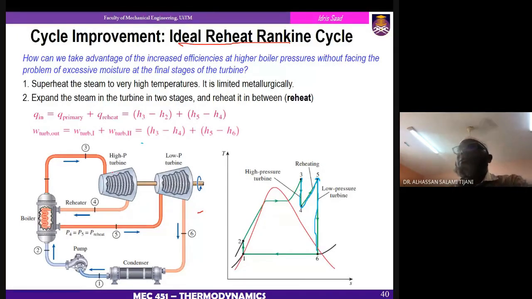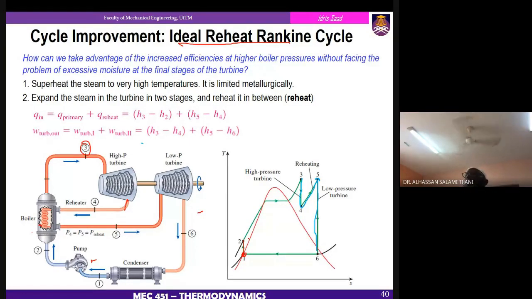So here, how does the situation work? We have a pump over here which feeds the boiler with water. Then the water is heated to superheated. It enters the first high pressure turbine, and then the fluid is expanded. So here, watch out on the TS diagram. We have the compression isentropically from state 1 to state 2.